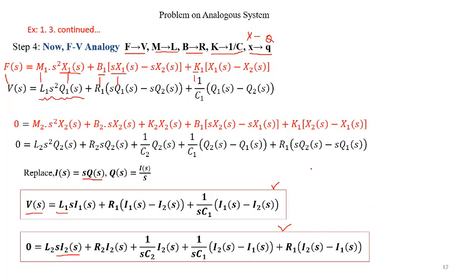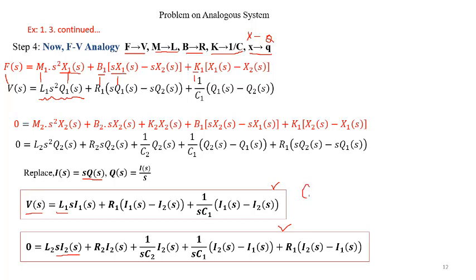Now I will tell you how to draw the loop diagram or the electrical circuit diagram for this equation. First, you have to identify the source, the voltage source.